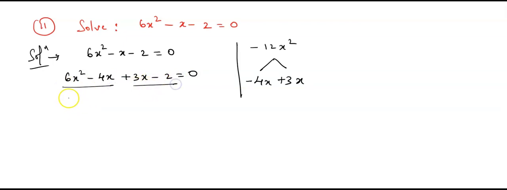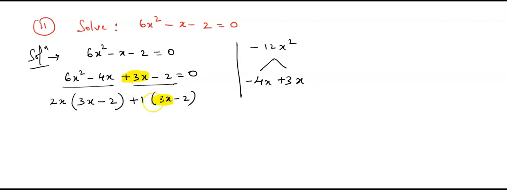Now these two are one pair. 6 and 4 will go in the table of 2, so we can take 2 as common. X square and x, we can take x as common. Now we can see 2 3s are 6, x into x is x square, minus 2 2s are 4, already x is out. So whatever you got in the bracket, please write it as it is, 3x minus 2. Now as you can see here, you have plus 3x, here also plus 3x, so you can just write here plus 1.